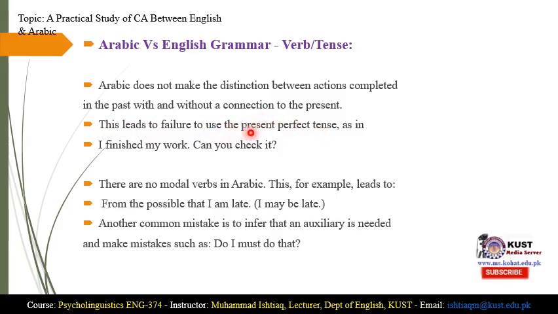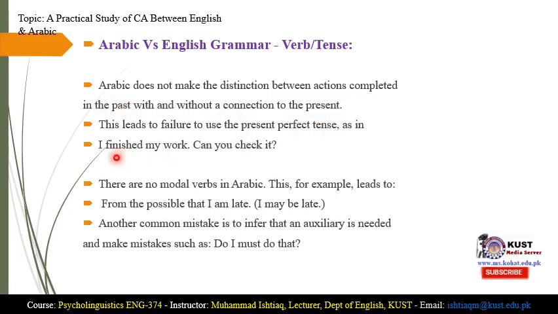Because they always consider an action to be completed in the past. They never take care of an action completed in connection to the present.